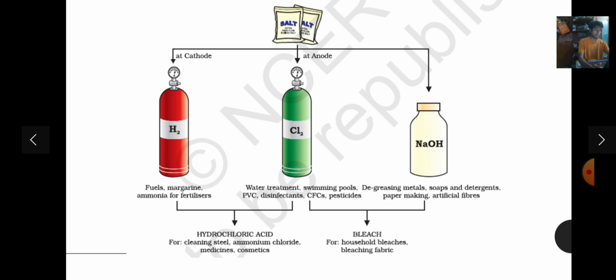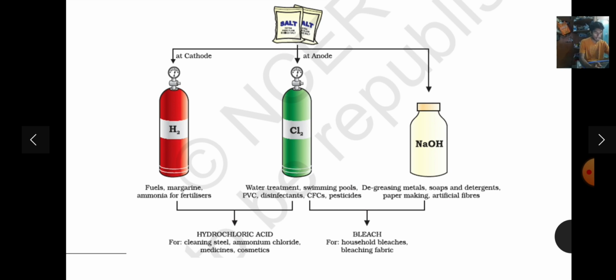It is used in PVC pipes, disinfectants, CFCs, which are the main reason for the depletion of ozone, and pesticides. Sodium hydroxide is used in degreasing of metals, the oily substance, right? In manufacturing of soaps and detergents, in making paper, and manufacturing of artificial fibers.